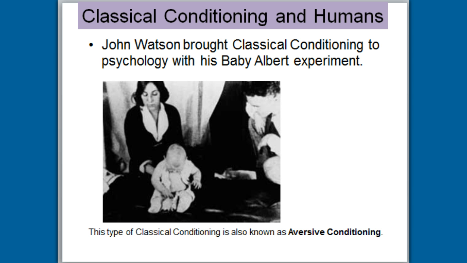Okay, and so they were able to find out that they could generalize that behavior towards rabbits, white rabbits, masks of rabbits, just a lot of different stuff that baby Albert became very, very afraid of, or little Albert. And basically they were able to condition a phobia into him. So that's the story of that. So it does work on human beings very well.